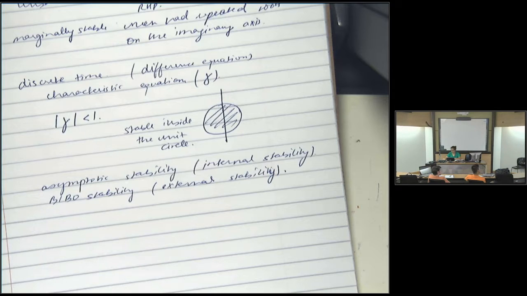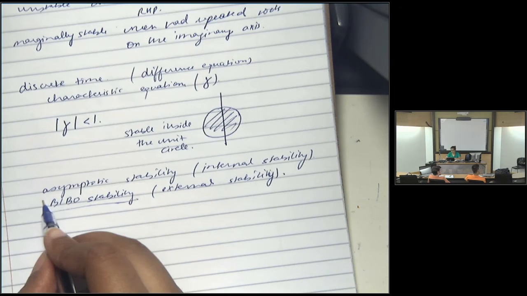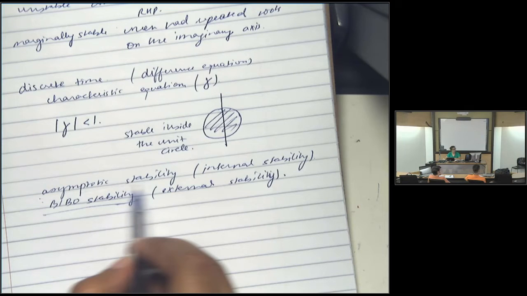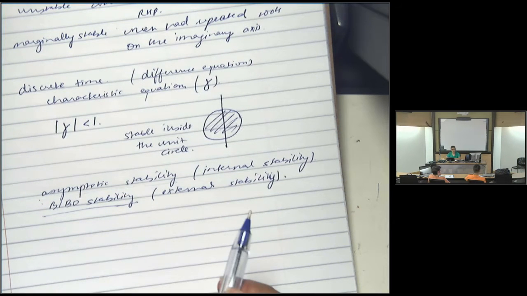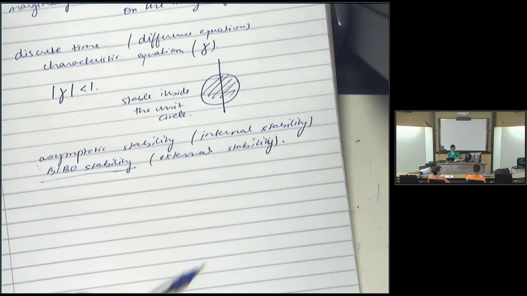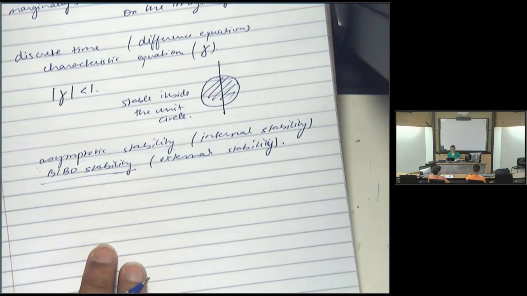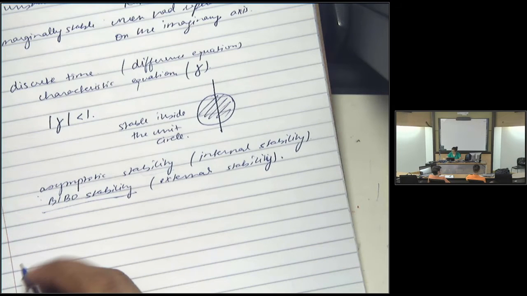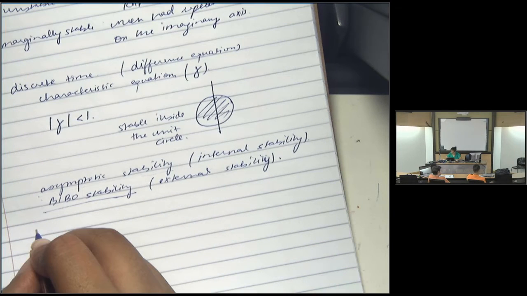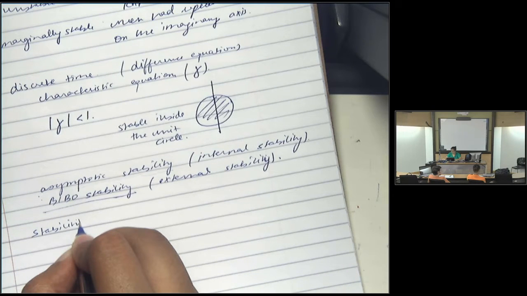So BIBO stability cannot say everything about asymptotic stability, but if your system is asymptotically stable, your BIBO stability is guaranteed. All right. Now, stability in case of Laplace transforms that we have. Whenever we talk about stability in this case, we look at the transfer function.